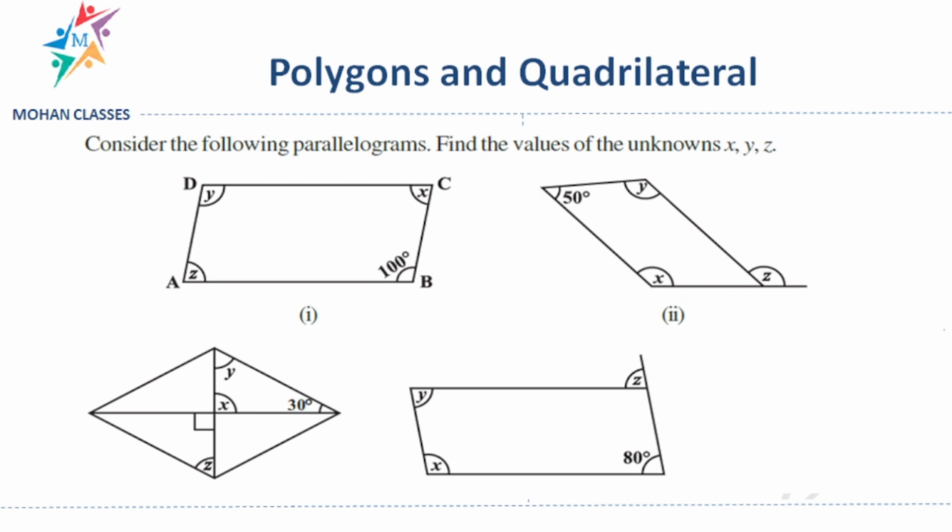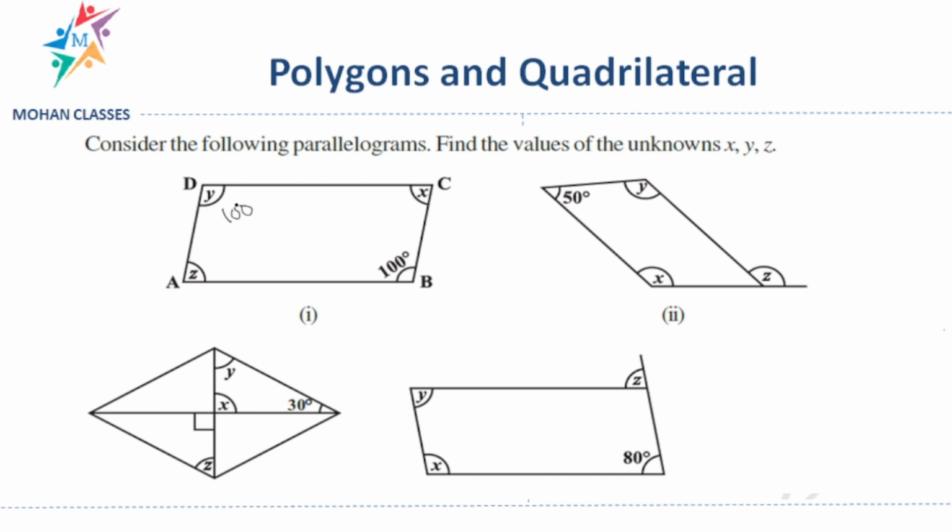Here, by using the concepts of parallelogram and rhombus, we have to find the values of x, y, z. ABCD is a parallelogram. Angle B is 100 degrees. In a parallelogram, opposite angles are equal, so if B is 100, D is also 100.